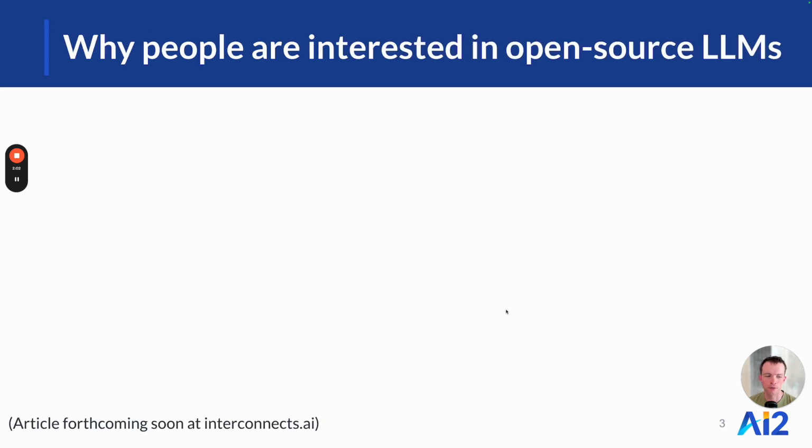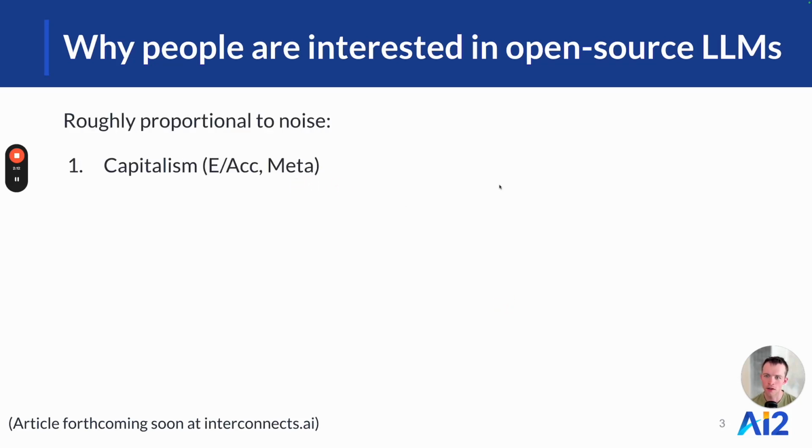There are a lot of different ways that people get interested in open source LLMs, and I'll run through them in the way that I hear about them, in order of noise. This first one is the effective accelerationist, the EAC, capitalistic arguments, the techno-optimist manifesto, which I've been declared an enemy in, unfortunately, because I care about society.